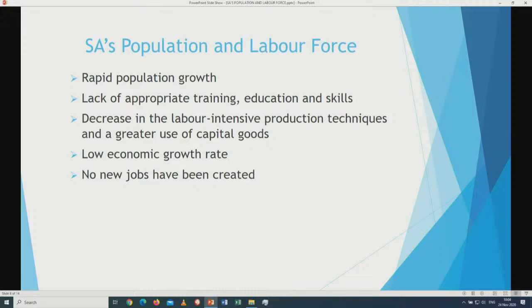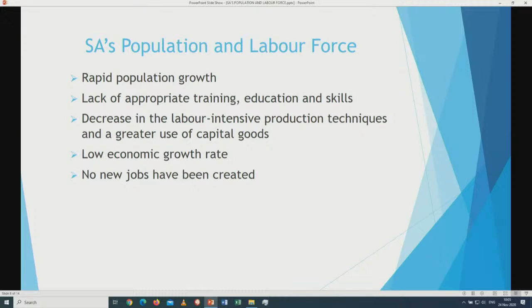And then we also referred to a group of people who are not part of the economically active population, like your learners, your students, your sick people or disabled people or handicapped people, because they are unemployable. They cannot be employed. That's why they are excluded from the economically active population. And then we talked about South Africa's labor force, which consists of the economically active population.